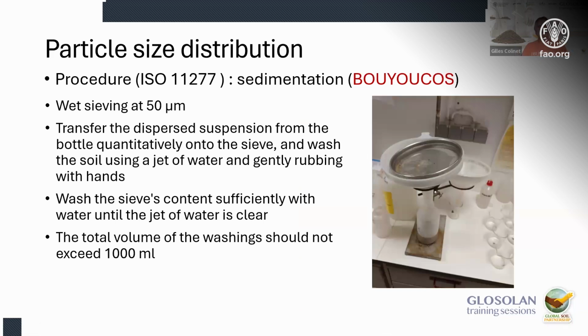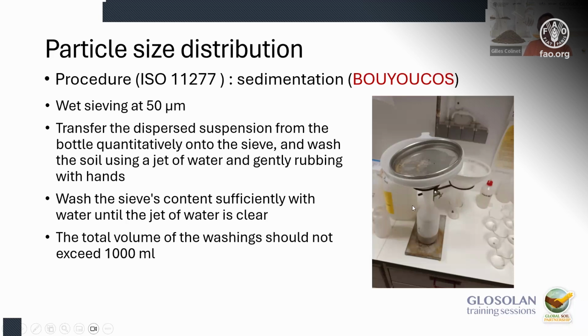Then after the 2 hours of agitation, we make a separation by wet sieving. We have here a 50 micron mesh sieve, and we just pour the sample on it.